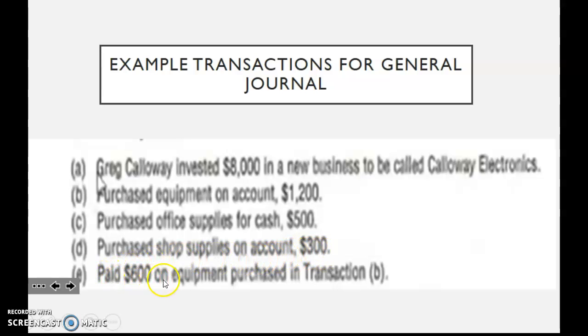And we paid $600 on the equipment purchased in transaction B. And again, what I did here, this was what we had used before as an example. I just took the letters and I converted them to dates. I just assigned a date of November 1st, 2nd, 3rd, 4th, and 5th.